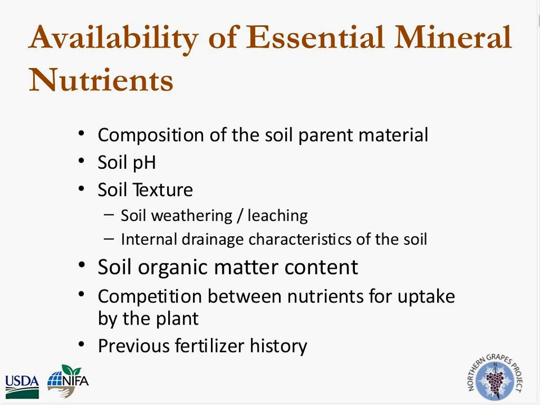Your soil organic matter content also is a source of nutrients, a slow release source, and it will also affect the nutrition of those vines. You have competition between certain nutrients. Potassium and magnesium, for example, can be very competitive and can cause some problems, and we'll talk about that in just a little bit. And previous fertilizer history, how the field was managed prior to putting in a vineyard, will also affect nutrient availability.